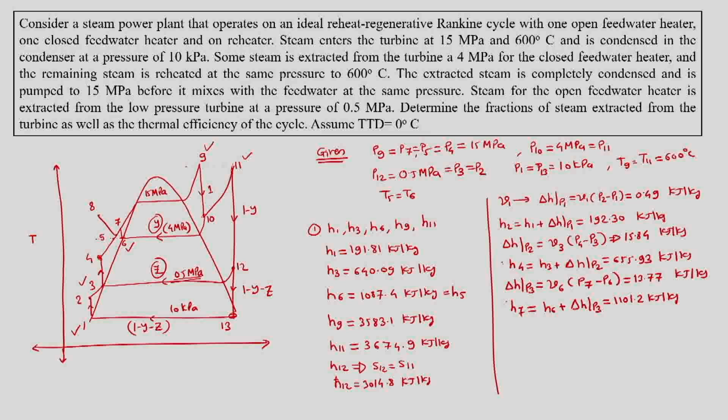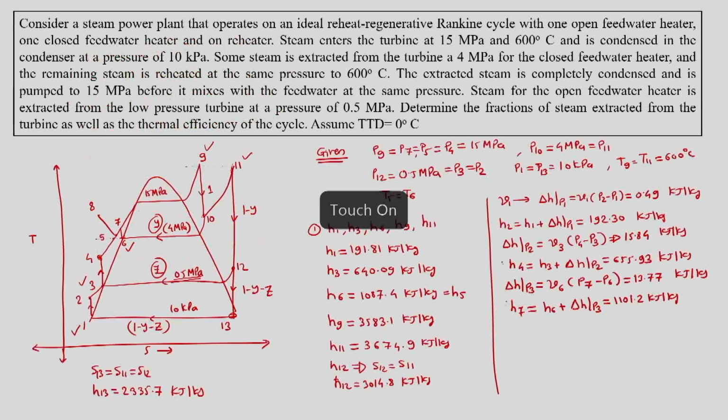Similarly, we also note for 13 that S13 is equal to S11 is equal to S12. We go to 10 kilopascal pressure and see at what condition we have the same entropy. From that we get H13, which will be 2335.7 kilojoule per kg.